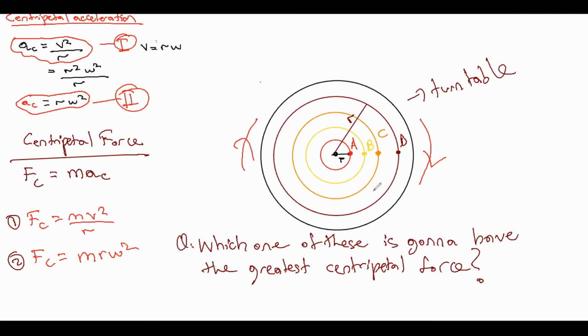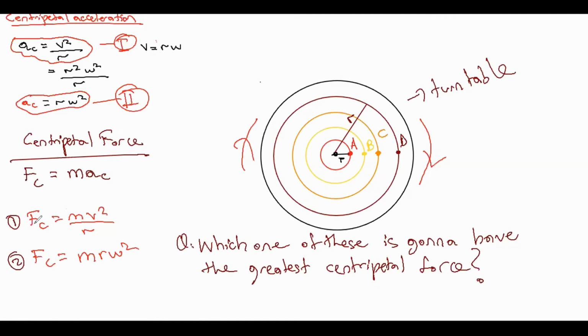Now, let's observe the situation. We have two formulas. Let's say formula 1. According to this formula, you're going to think, all right, I have mass, and mass is obviously constant. And we have velocity, but let's leave velocity for a second.